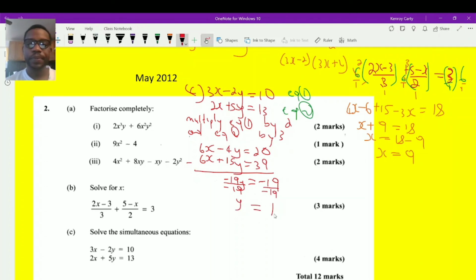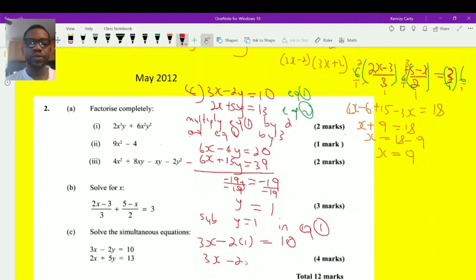Now, since you have y, you can find x by putting the y value in any equation of your choice. So I'm using equation 1 this time. Y equal 1 in equation 1. So I'm going to have 3x minus 2 times 1 equal to 10. So that becomes 3x minus 2 is equal to 10.